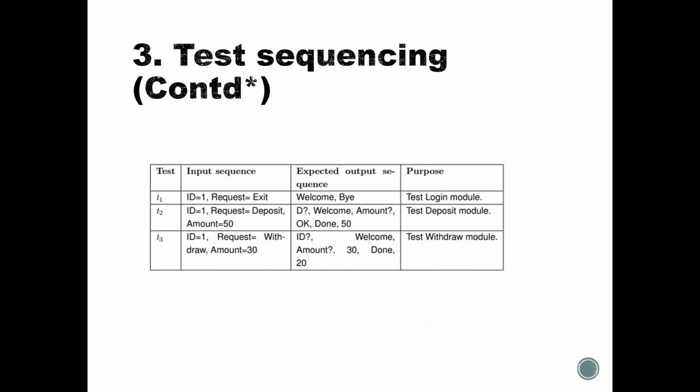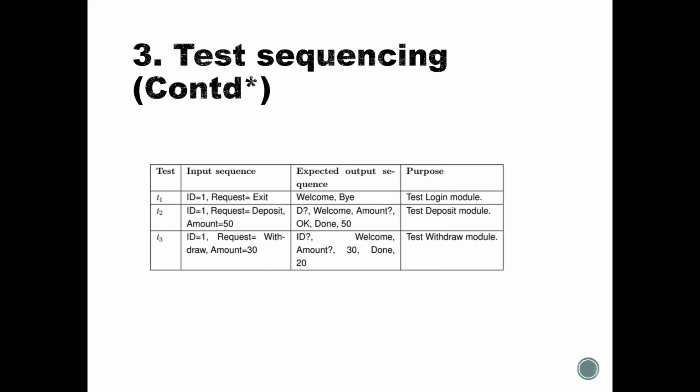For example, let us assume this is the test input for all these three different modules: test login module, test deposit module, and test withdraw module. We have these test cases T1, T2, and T3. Now let us consider that these three test cases are designed to test the login, deposit, and withdraw features of our banking system.